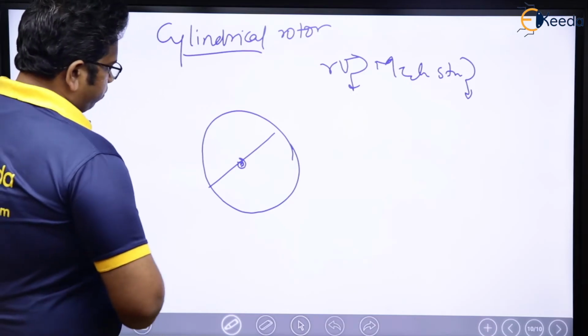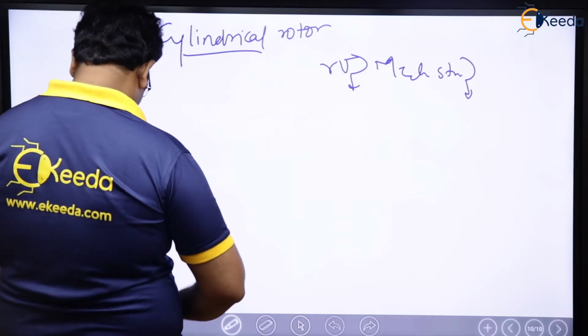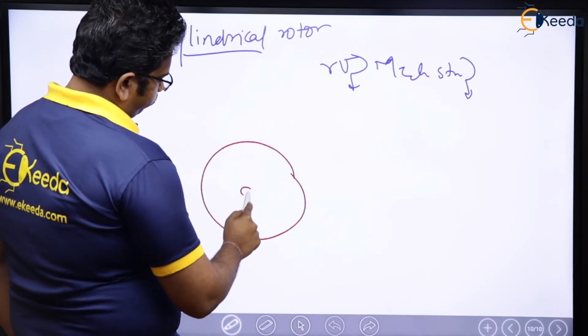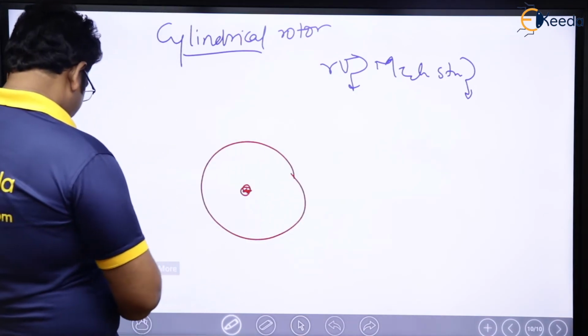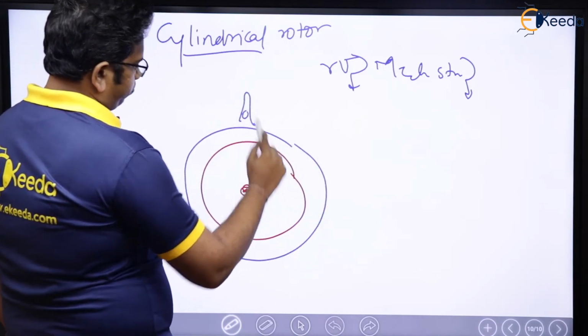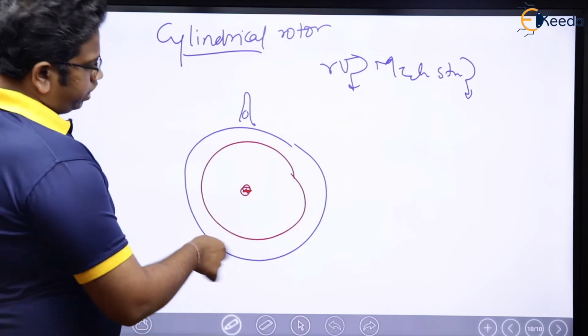Because see here, for example, let me take a red rotor here as usual, and let me have a blue stator. Right? Now let me take one more.